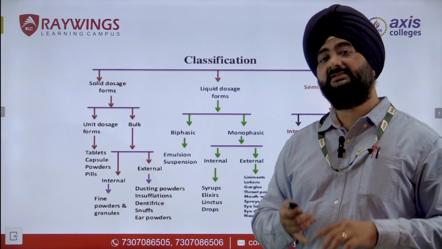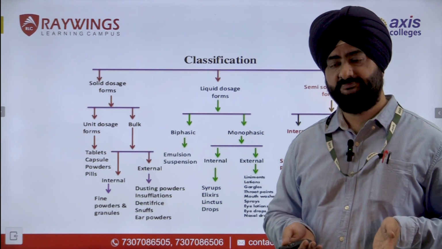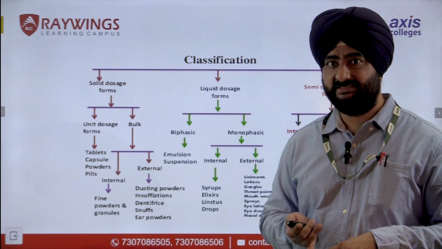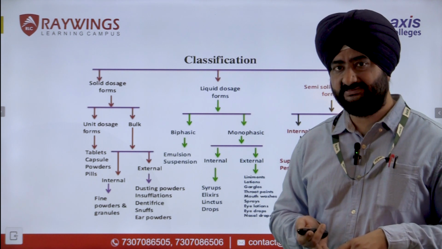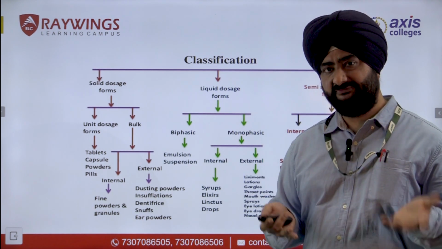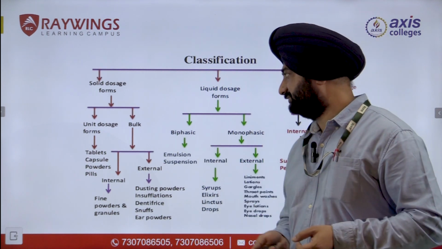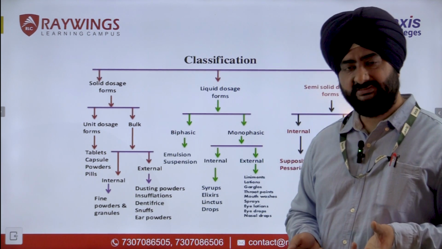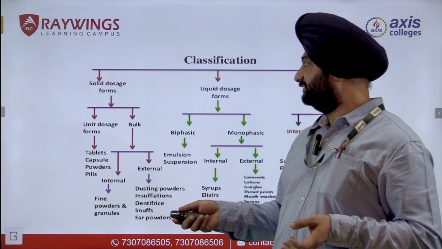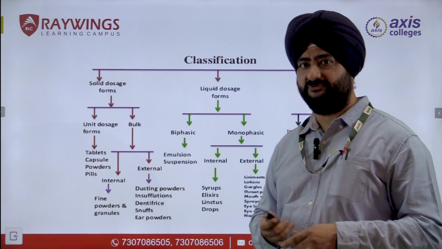In tablets, what are the different types? Like I have discussed earlier, there are conventional tablets and modified release tablets. What is their classification? Then come capsules and types of capsules. Then come powders and pills. This whole category comes under the single umbrella of unit dosage forms.